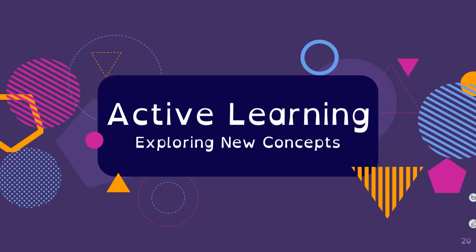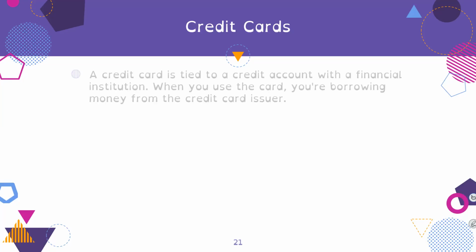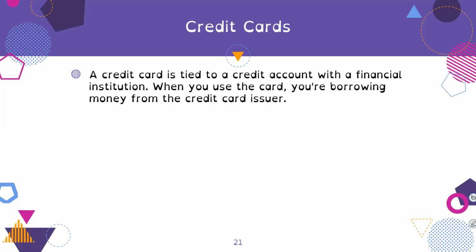All right, active learning. Let's look at this credit card stuff. So a credit card is tied to a credit account with a financial institution. When you use the card, you're borrowing money from the credit card issuer. So it's not free money you are borrowing. It's like having a little loan, but you're already approved for it, but it's basically a loan.